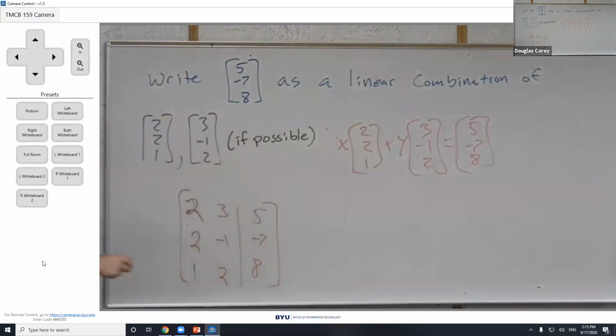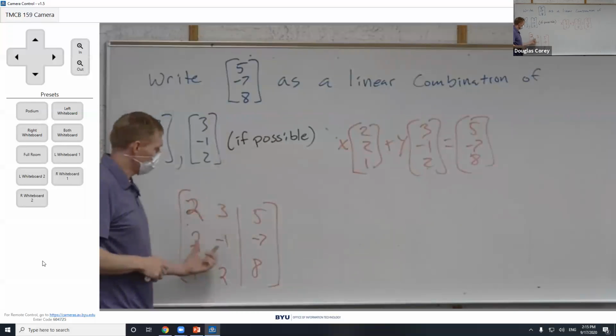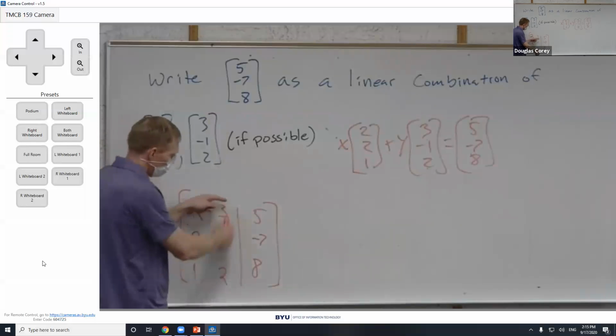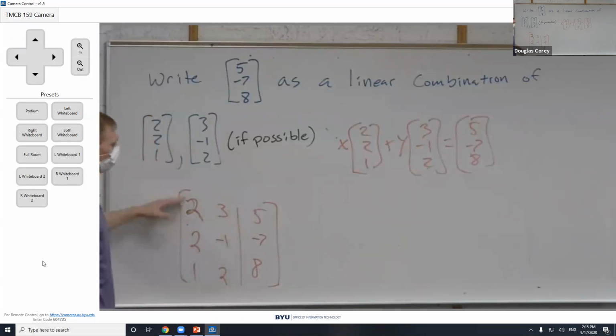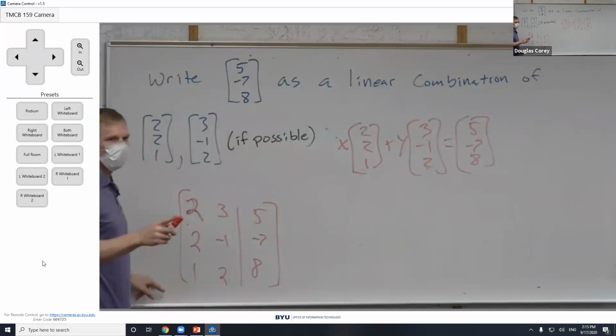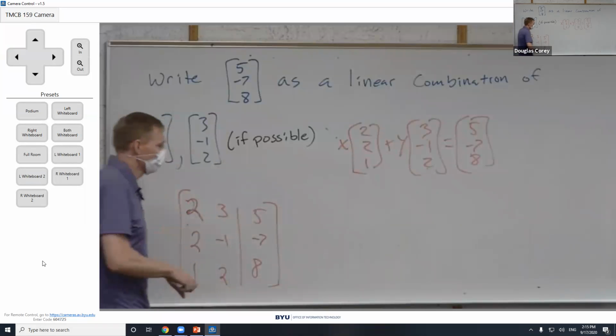Okay? So I'm representing that here. I would have x's along here, y's along there, etc. And I could start row reducing. Some of you have already row reduced this, right? Did some of you get this?